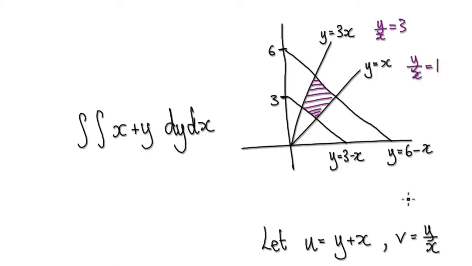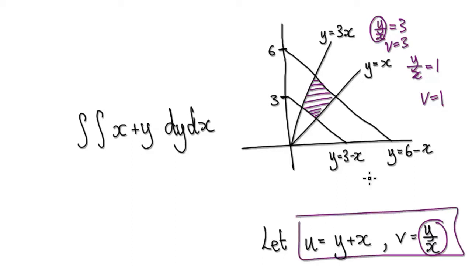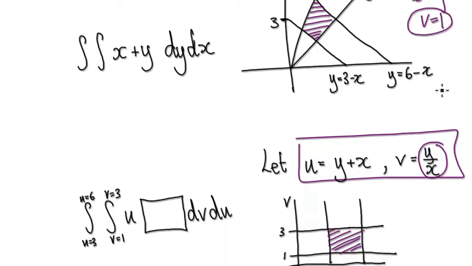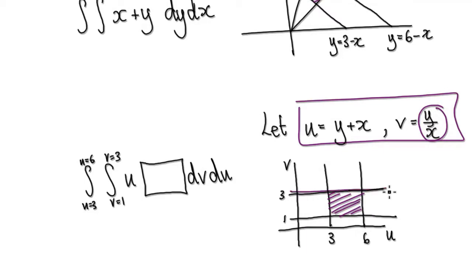And then if you say let v equals this, then this will simply become v equals 3, and this thing here will simply become v equals 1. So by making this transformation, this whole thing becomes v equals 3 and v equals 1. So it becomes nice and simple.